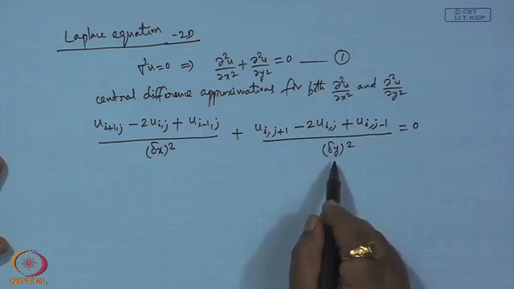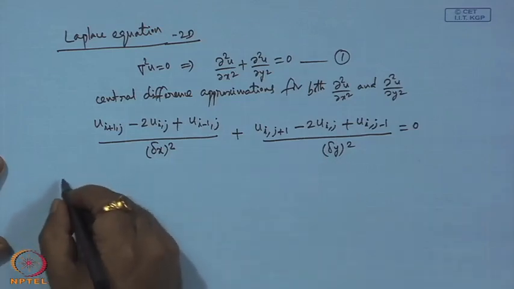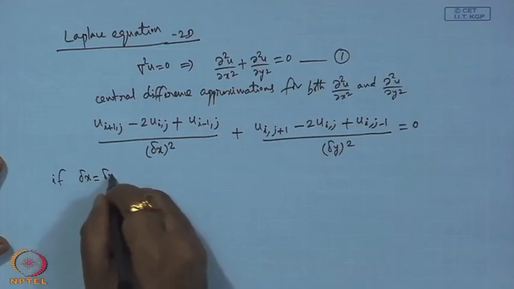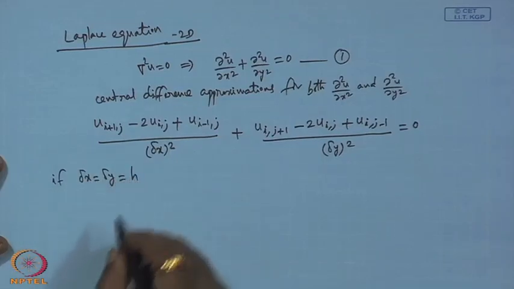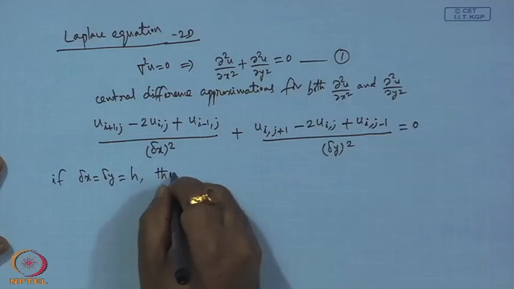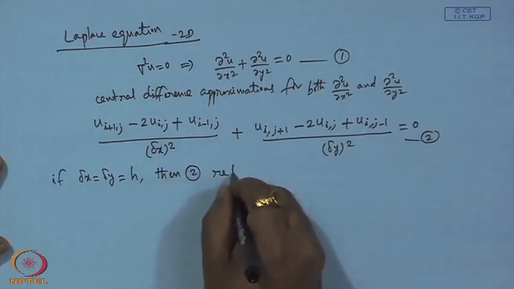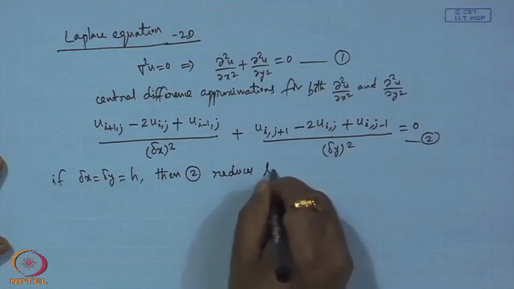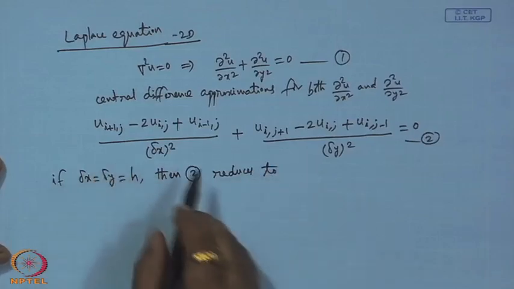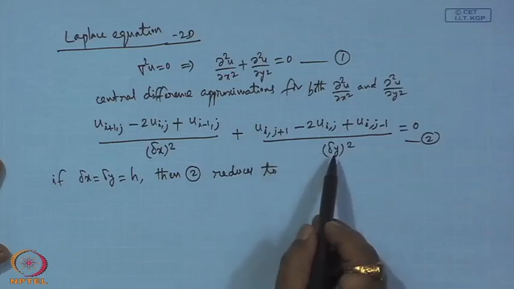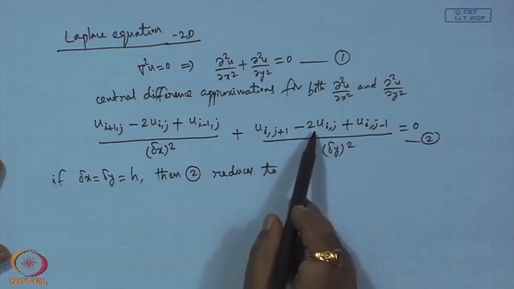Okay. So, typically if delta x equals delta y equals h, then this reduces to, you can see, this is h square and this is h square. So, now we can combine.